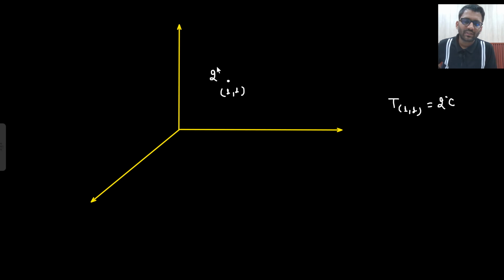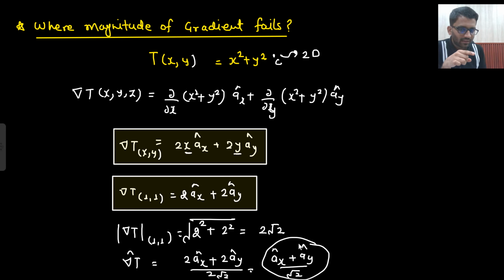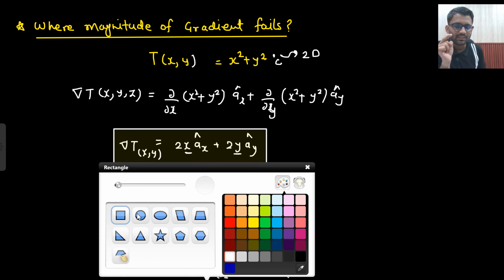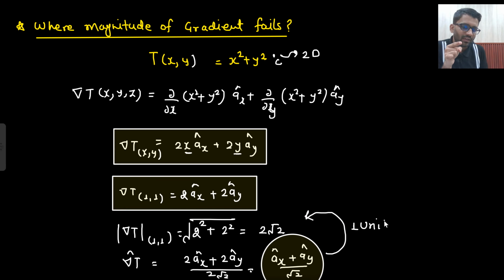Now what is my gradient saying? Gradient is saying that if you move in this particular direction for 1 unit, then your temperature will change by 2 root 2 degrees Celsius.